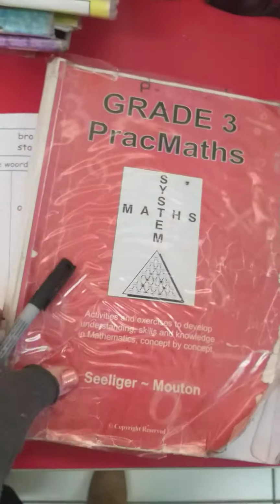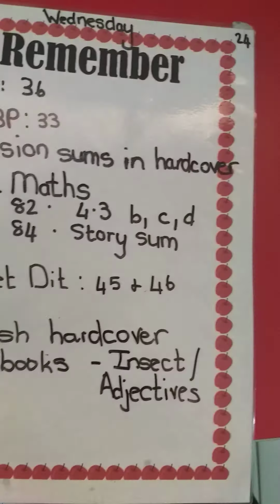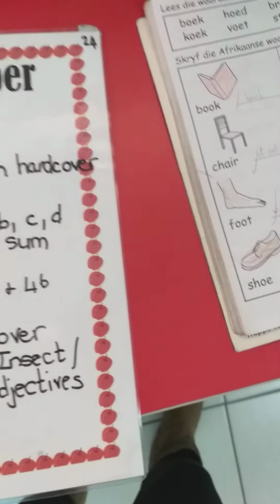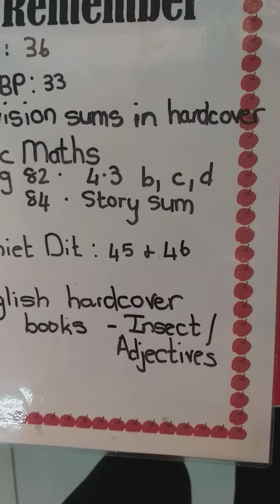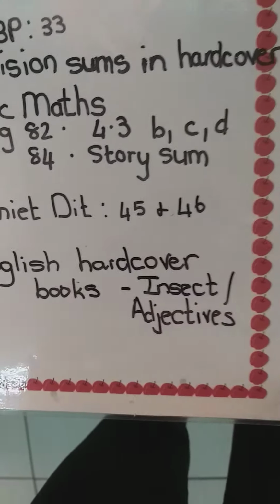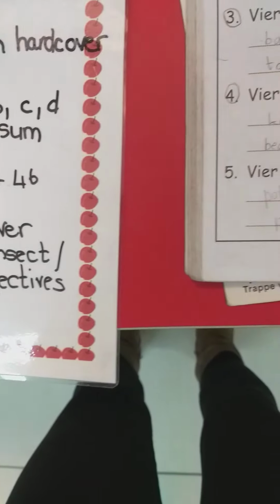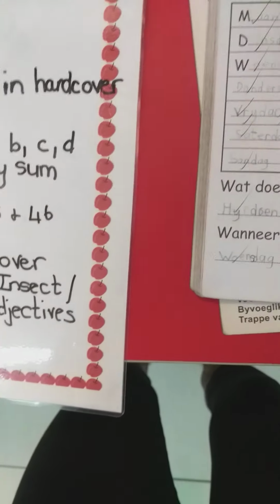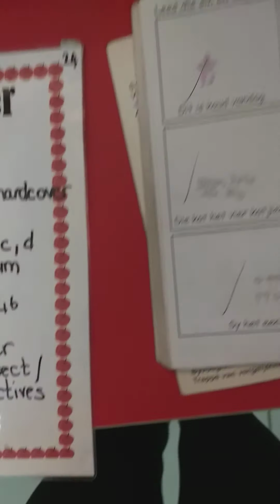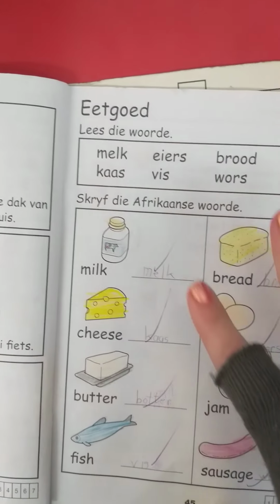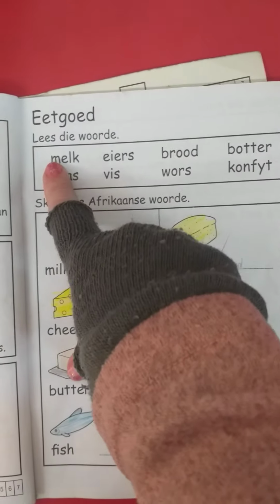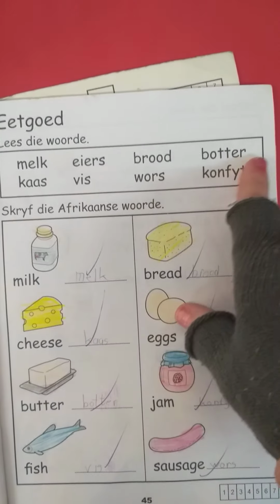Then we're going to do some Geniet Dit on pages 45 and 46. Let's have a look at what that page looks like. I just need to quickly open 45 and 46. It's "Eet goed," which means food. You've got a word bank with all different kinds of food.